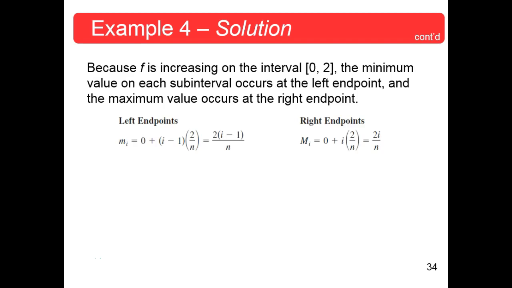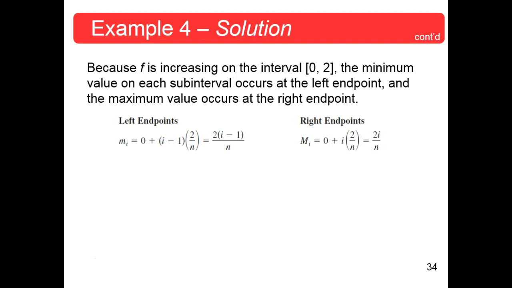And then this is doing what I just said, except it's doing it with all the i's. The lower endpoint is going to be the first one at 0, and then it's going to be i minus 1 times 2 over n, for the i's 1, 2, 3, 4, and 5.